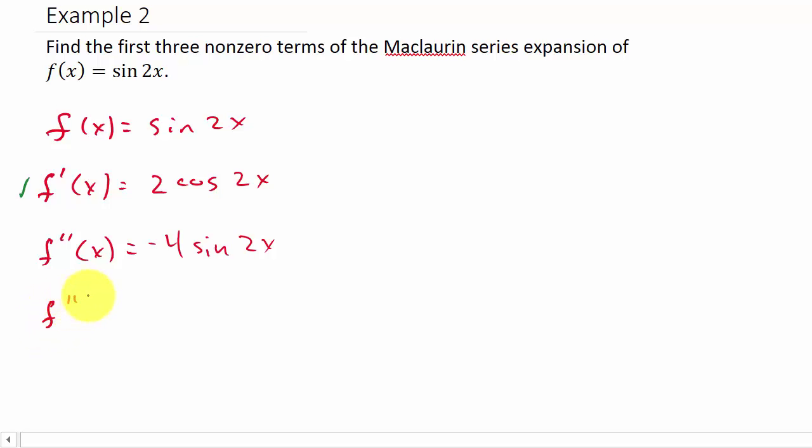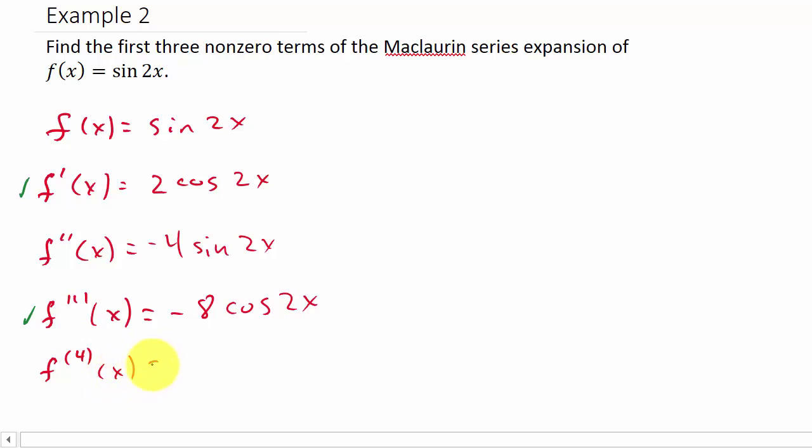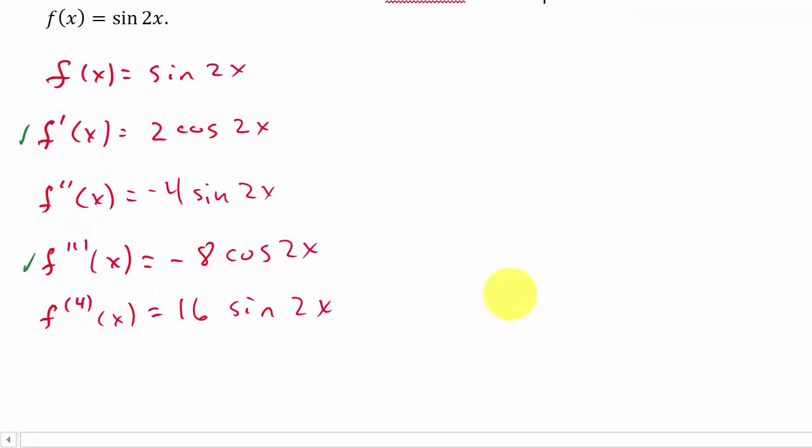So I've got f triple prime of x is negative 8 cosine 2x, and we know that cosine of 0 is 1, so this will be a term also. And then I have the fourth derivative, which is 16 times sine 2x, so we know that's going to give us 0 when we evaluate. And I've got two terms, so I'm going to need to take one more derivative.